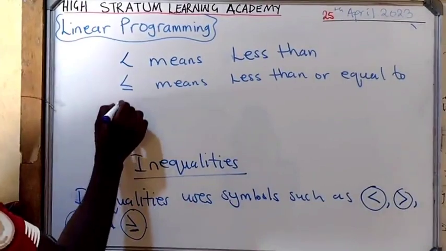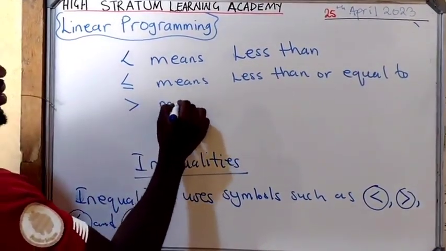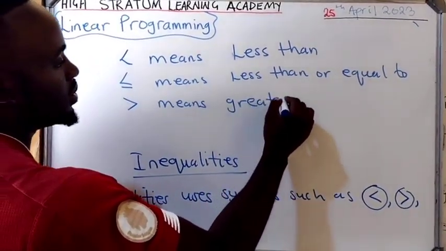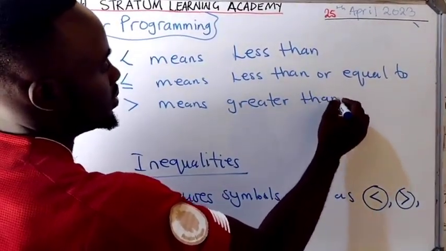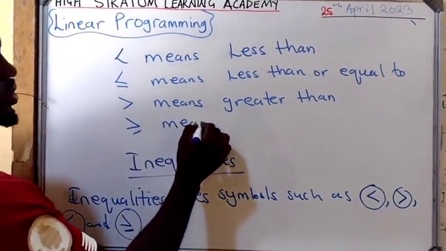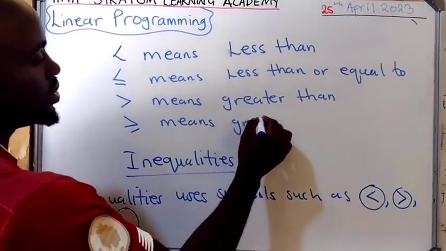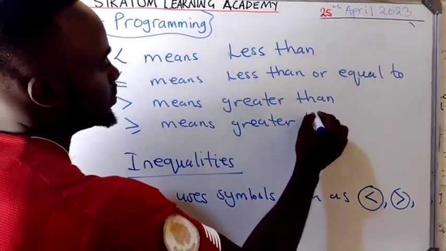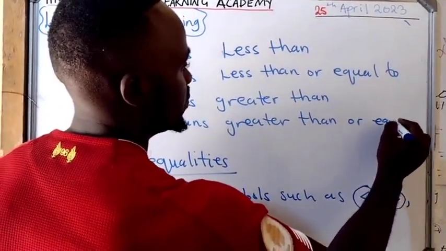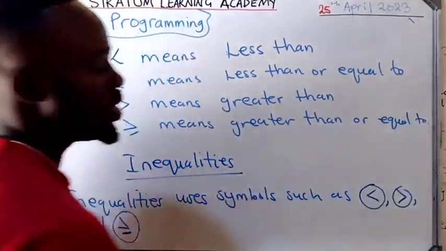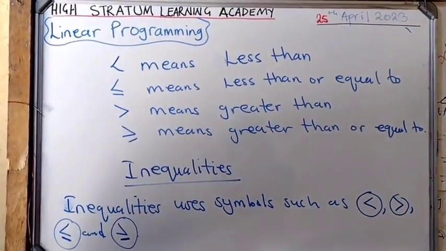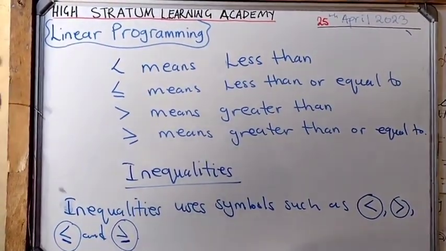Then this symbol means greater than. Then this symbol means greater than or equal to. It's very important that you understand these symbols because they are the ones that you are going to use under inequalities.